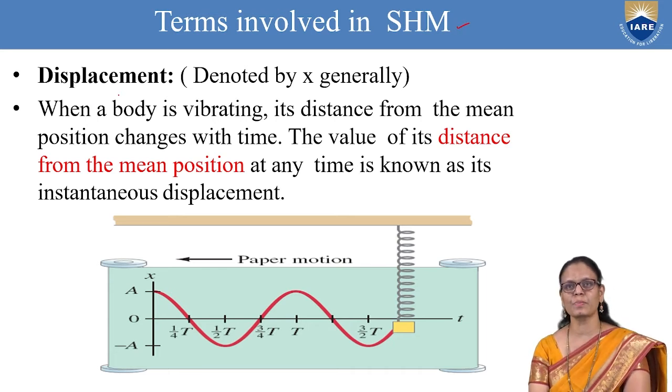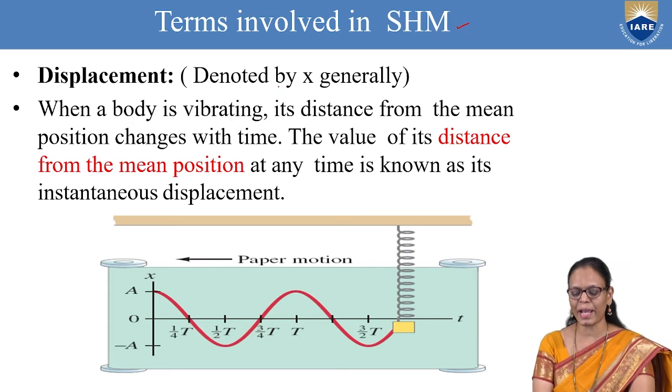The first one is displacement, which is denoted by x. When a body is vibrating, its distance from the mean position changes with time.